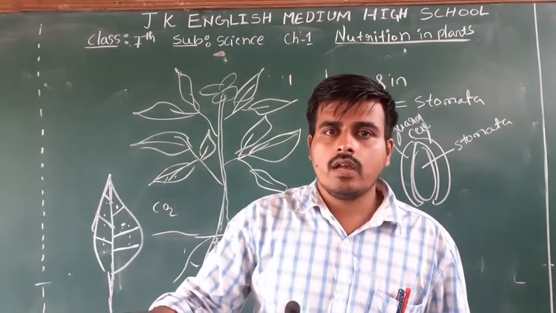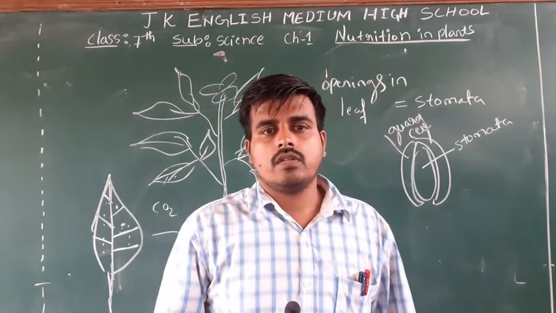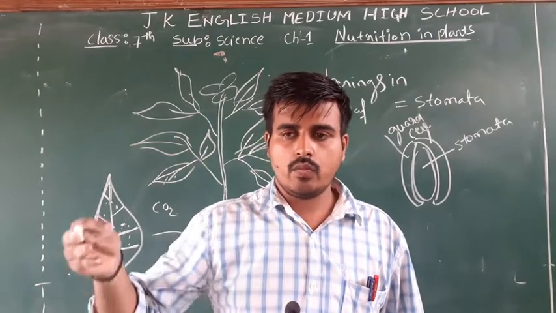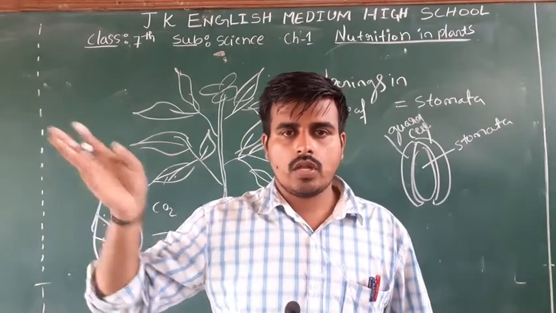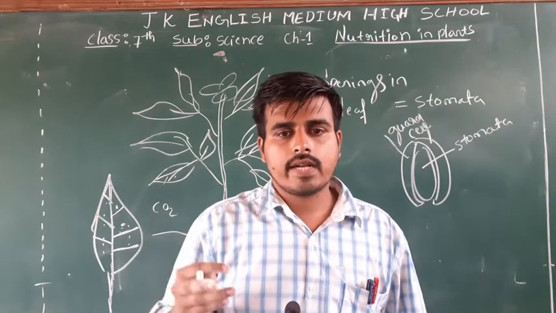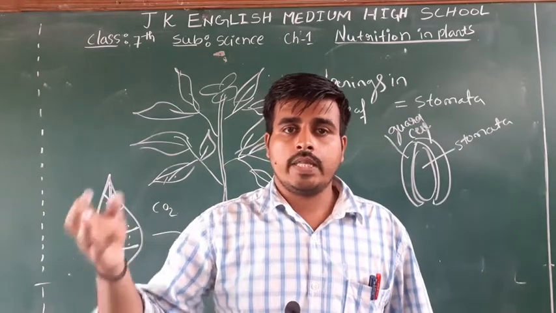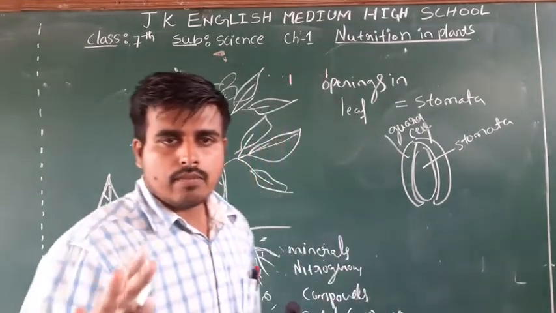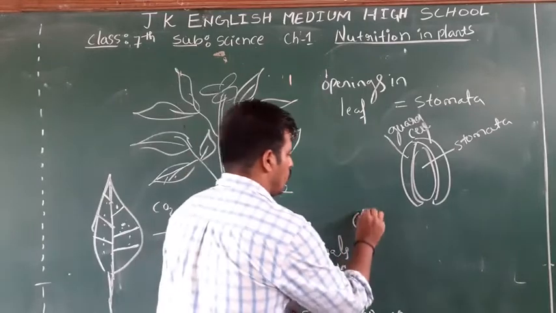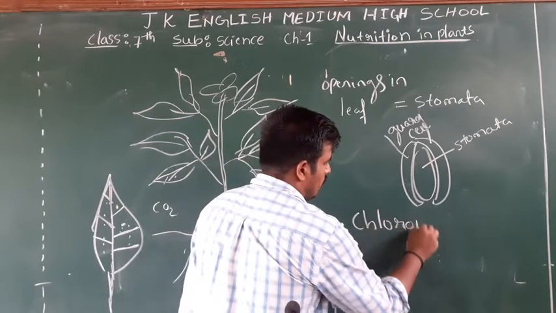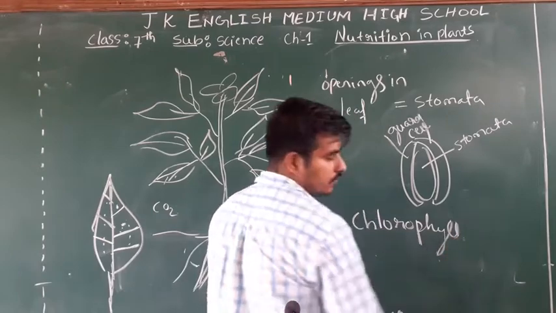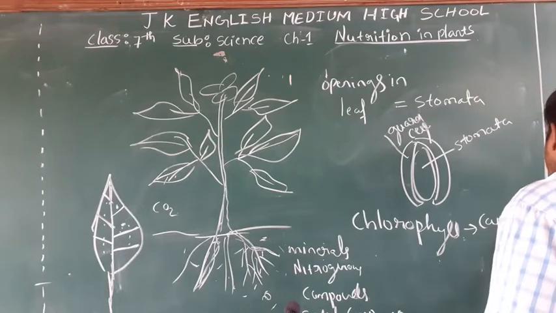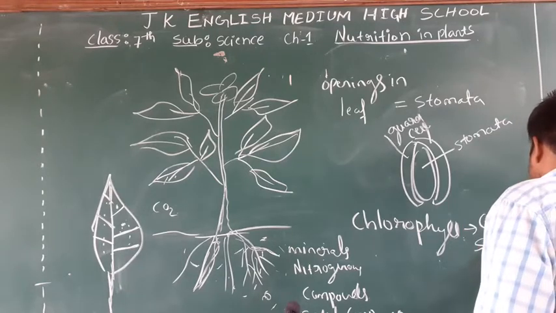In the evening, what happens after sunset? Those solar panels will not get sunlight. At that time, the light will glow by the energy stored by those solar panels in the battery. The same work is done by chlorophyll.